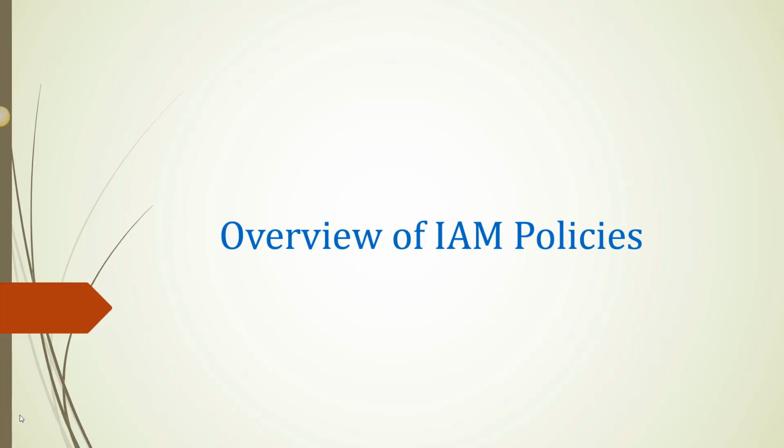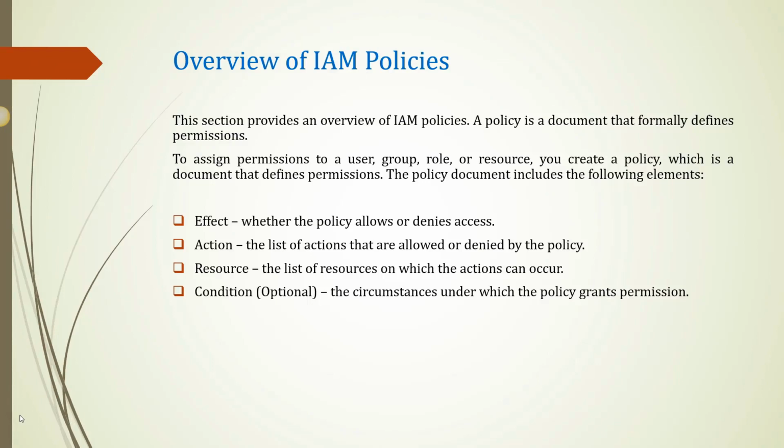Now let's talk about an overview of IAM policies. This section provides an overview of IAM policies. A policy is a document that formally defines permissions. To assign permission to a user, group, role, or resource, you create a policy, which is a document that defines permissions. The policy document includes the following elements.